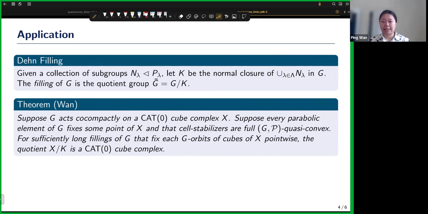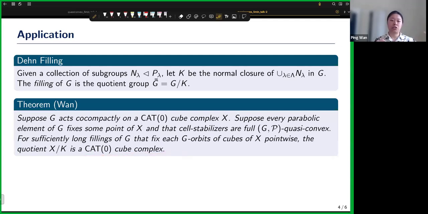Another application is generalizing a theorem in relatively hyperbolic groups. So if G acts cocompactly on a CAT(0) cube complex, and with some extra nice conditions, in particular, I'm requiring cell stabilizers to be full GP quasi-convex, then for nice enough fillings, the quotient of X by the kernel K is again a CAT(0) cube complex.